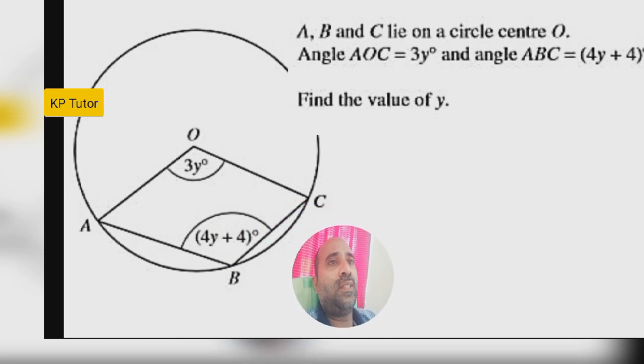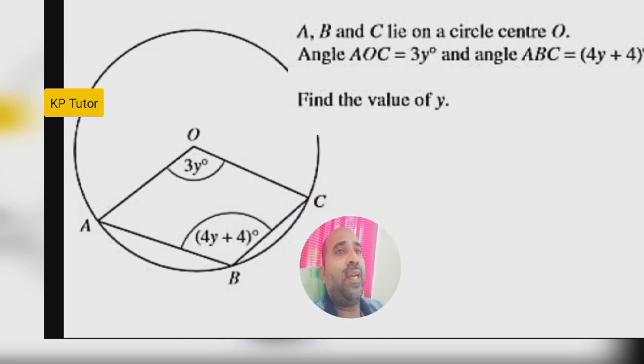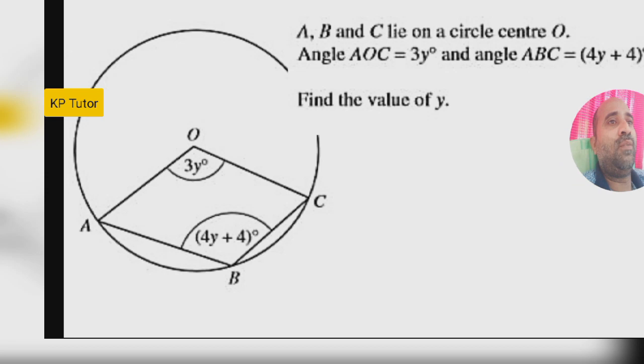The next question, when you just look at the diagram, maybe you will think it's very difficult. Actually, this is also a very simple question. Find the value of y. There is one circle, inside there is a quadrilateral. Don't know which type of quadrilateral, just we can say 4 sides are there, so we can name it a quadrilateral.